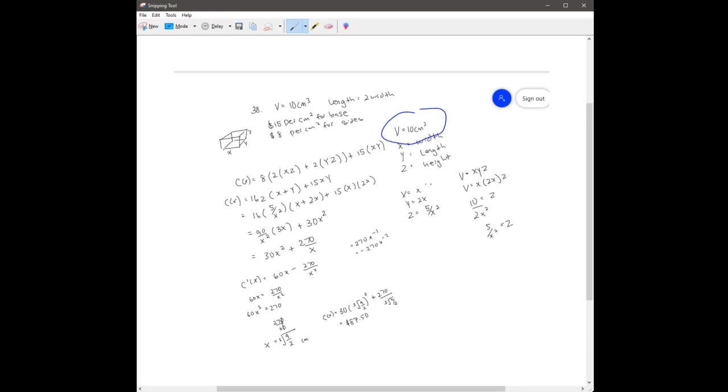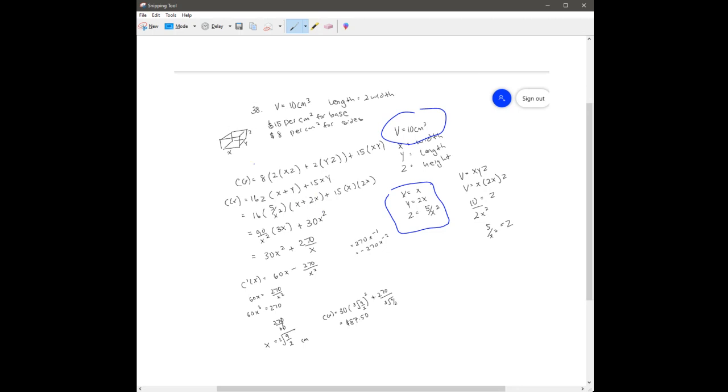So we found x, y, z, and then to find the cost, there are two of each side panel for the container.